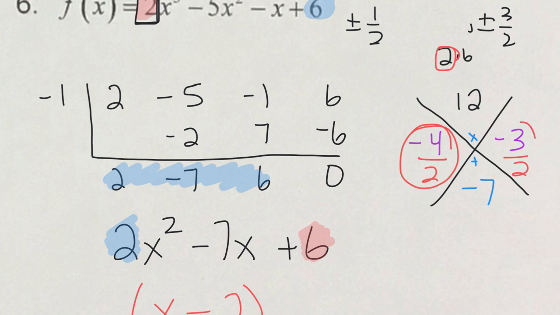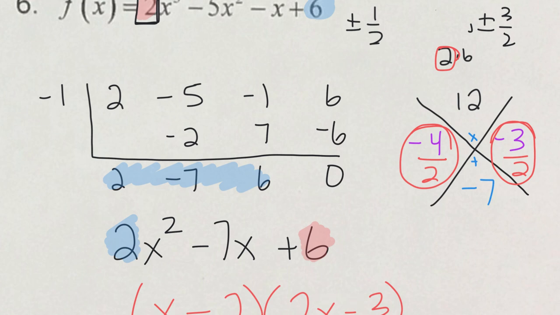And the other one, does 2 divide -3 nicely? And the answer is no. So that leaves me with a 2x minus 3 factor. The number in your denominator becomes your coefficient of x, and the number in the numerator becomes your constant. So 2x squared minus 7x plus 6 factors to x minus 2 times 2x minus 3.